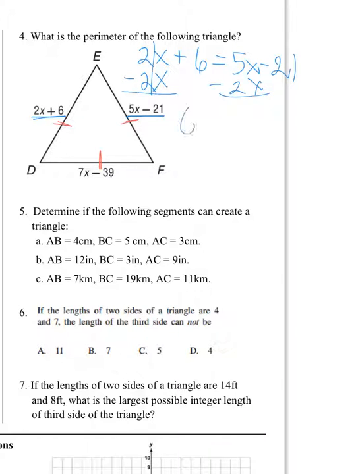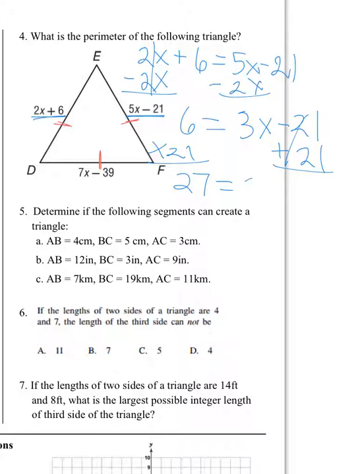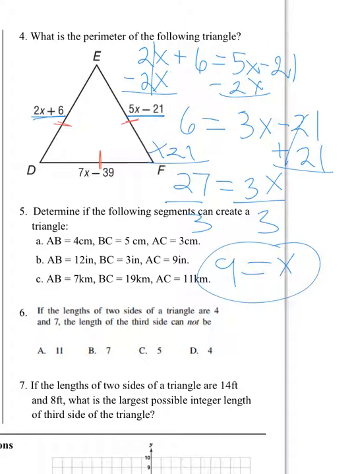That goes away. 6 equals 3x minus 21. You got to add 21 here and here. Cancels. 27 equals 3x. Divide by 3. X equals 9. Okay, so we have our x. Got to keep that in mind.